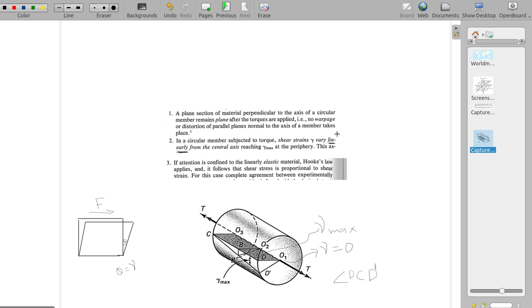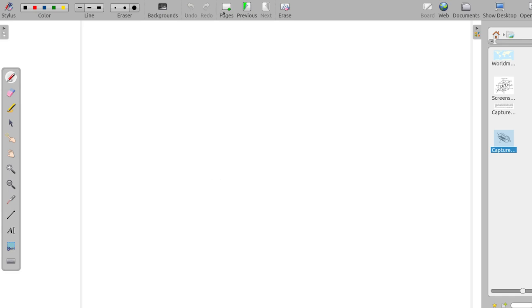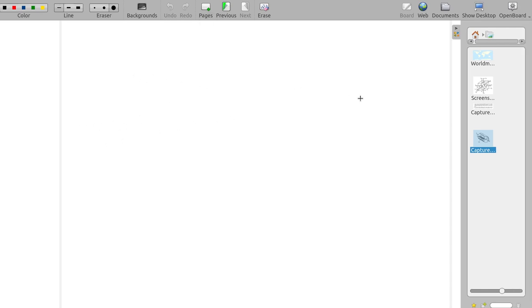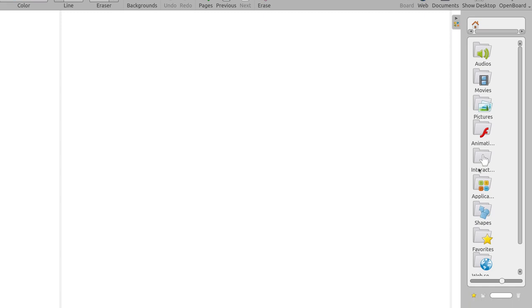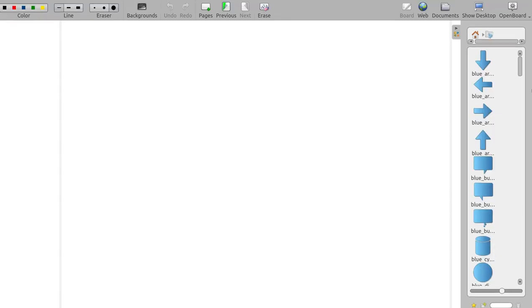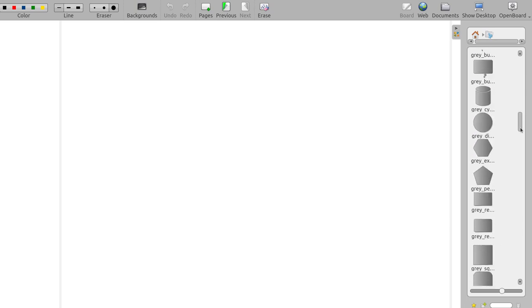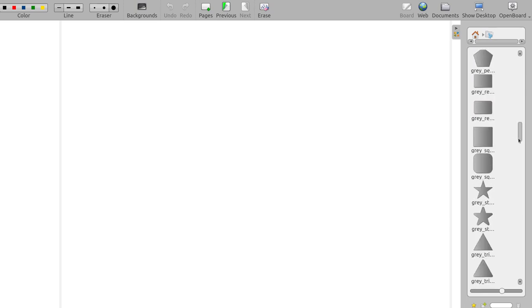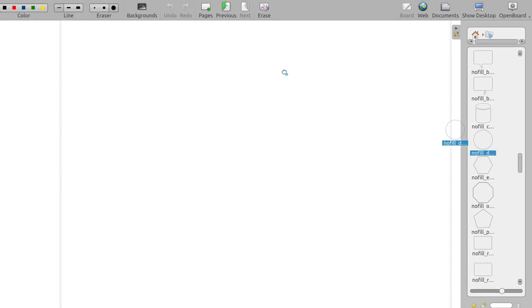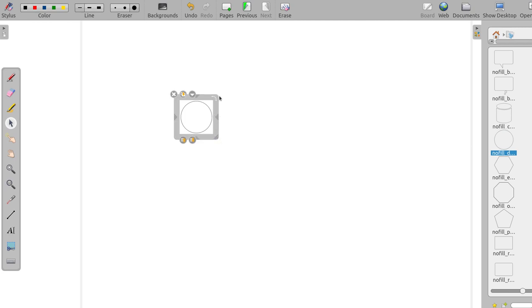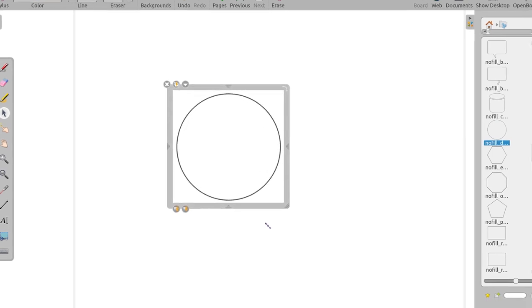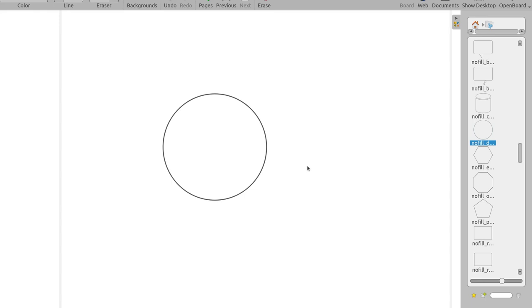So the process is very simple. There is not much to do here. Let's take a cross section of the circular member.